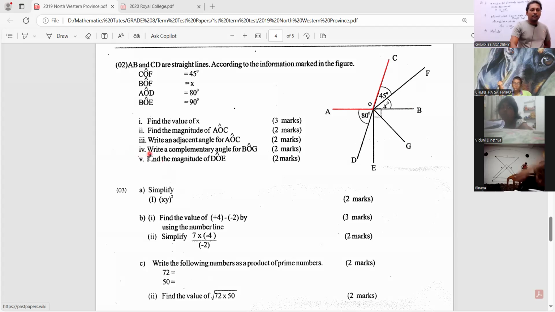Right. Part number 4. Write a complementary angle of BOG. Complementary mean what? Complementary means sum is 90 degrees. Right. Now look at BOG. BOG mean this one, no? So you can see these two angles sum is 90 degrees because it is a right angle.